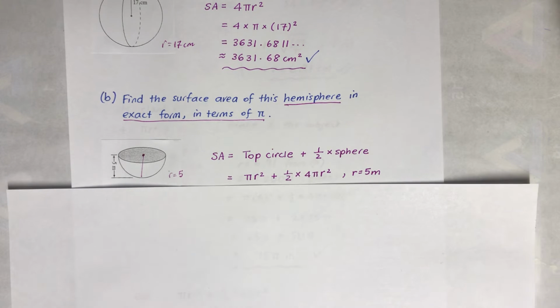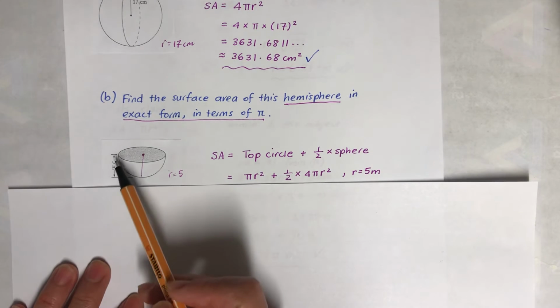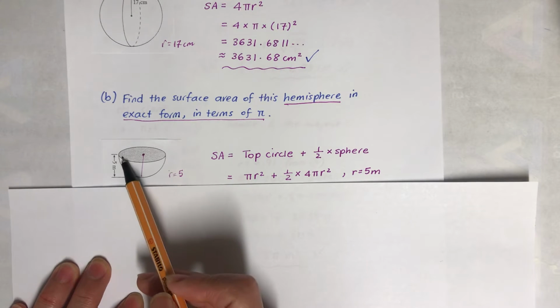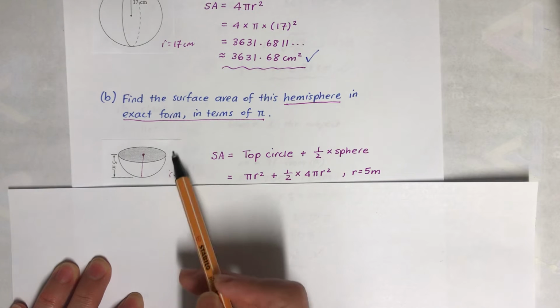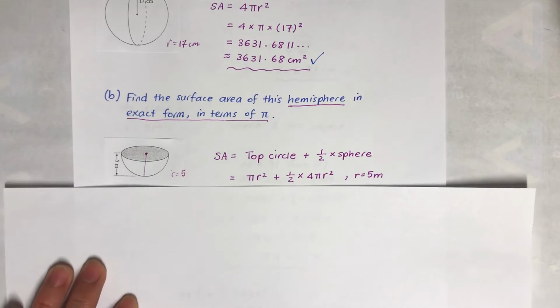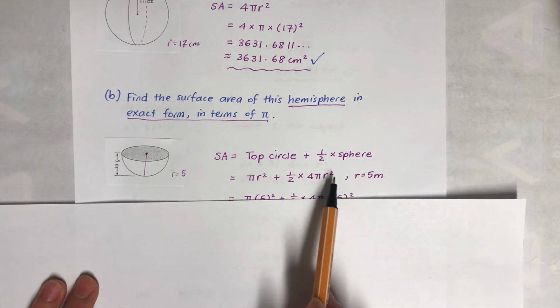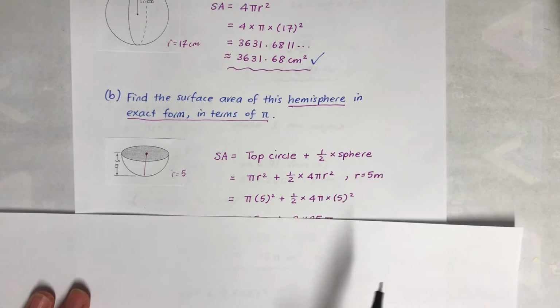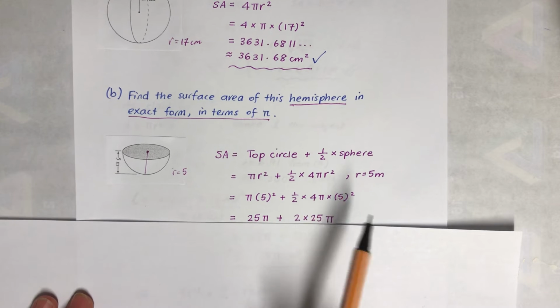You need to have some cover for the top part, don't you? So we have to go top circle plus half of a sphere. Half of a sphere will give me this part only. It doesn't give the top bit. So we need to put pi r squared in there, and then half of 4 pi r squared. And r is 5 meters.